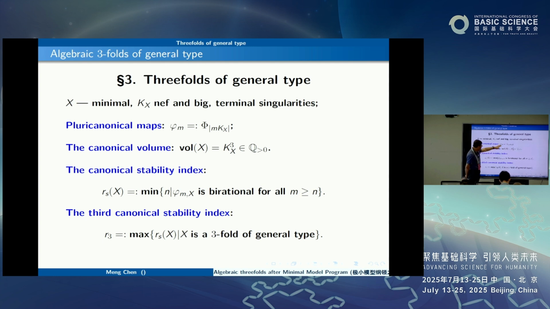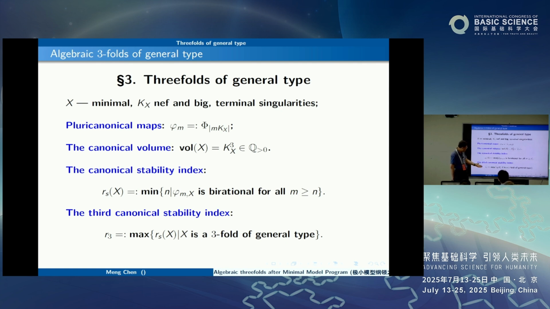Of course, there is the canonical volume. That means the self-intersection K_X cubed. So this is a positive rational number, and similar to the curve and surface cases, we can study the third canonical stability index R3.